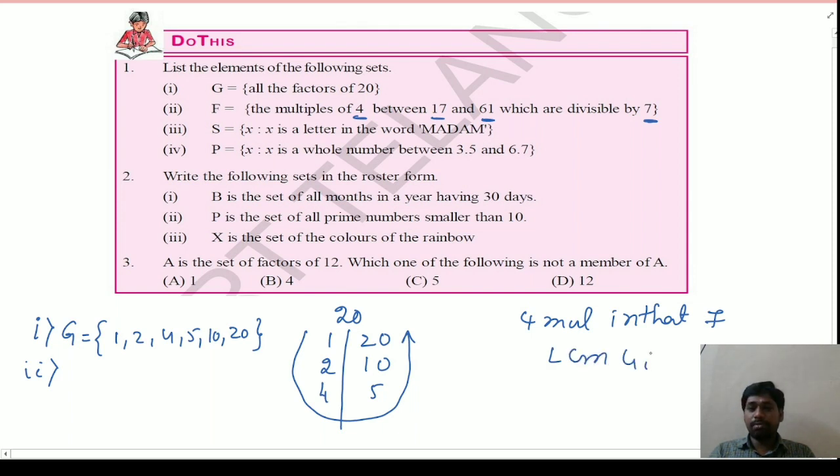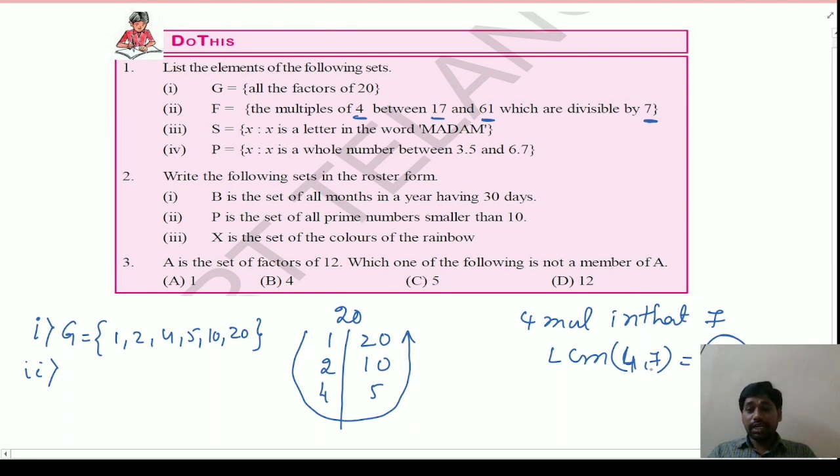LCM of 4 and 7: they are co-primes. Co-primes means they don't have a common factor between them. 4 and 7 do not have a common factor. Then we can say the LCM of co-primes is their product, 28. Is it clear? 28 is nothing but the LCM.